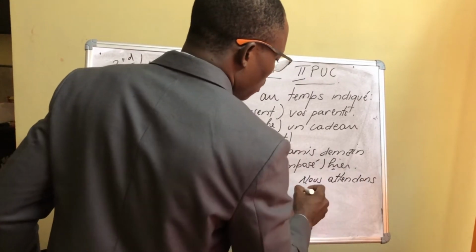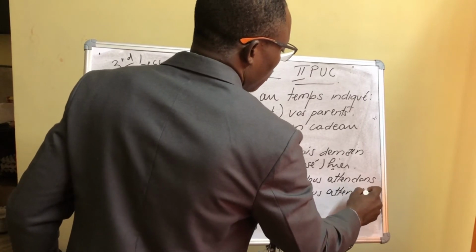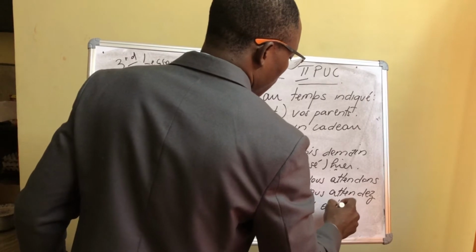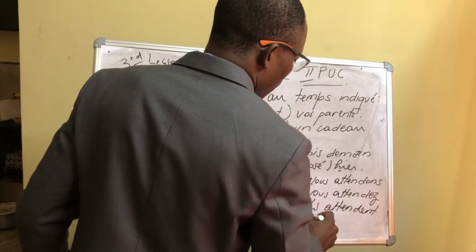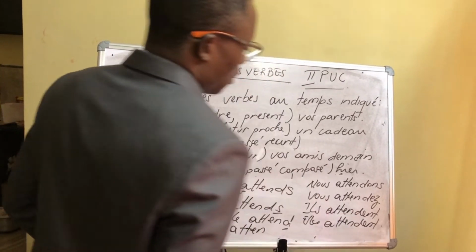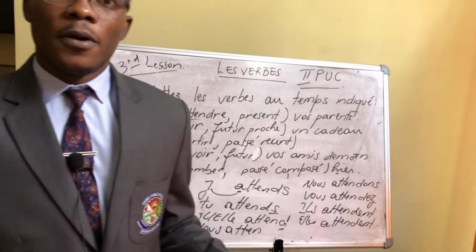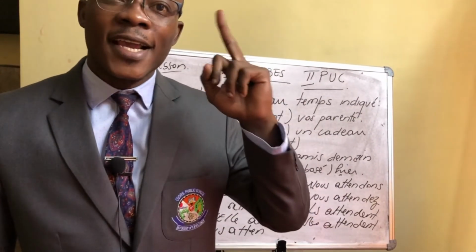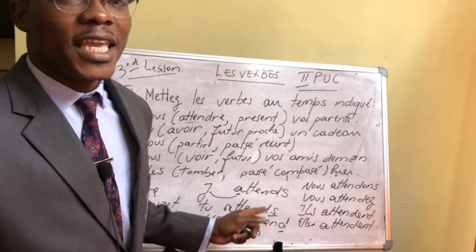Vous attendez. Ils attendent, or elles attendent. This is the present tense of an RE verb. Remember I said you have to memorize some verbs in this way, because they keep changing like anything.